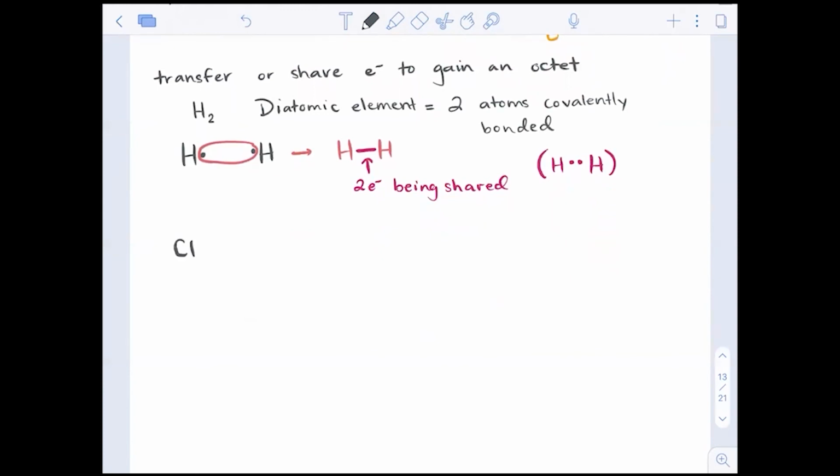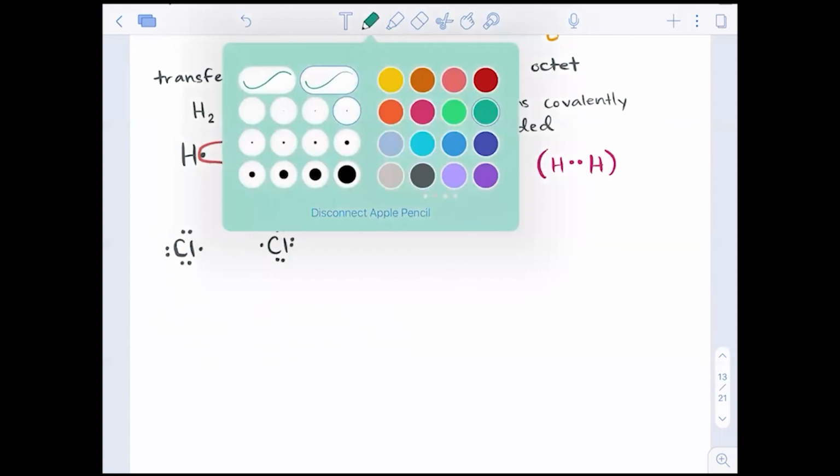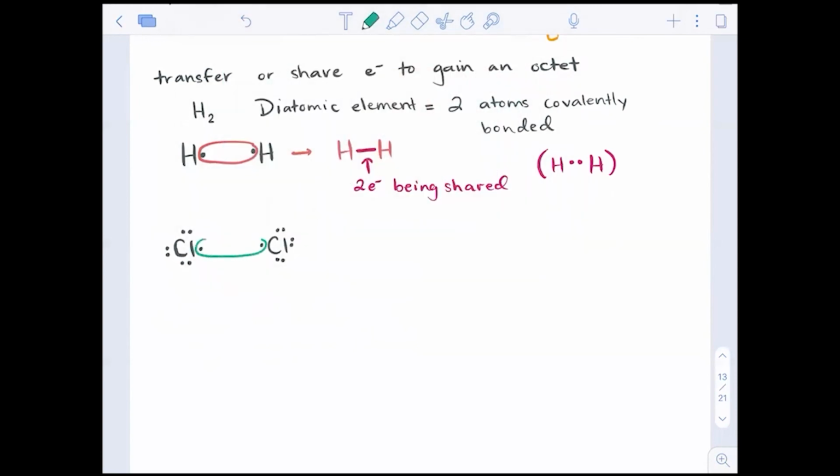We'll do chlorine diatomic. Chlorine has 7 valence electrons, so we count up our Lewis dot atoms accordingly. Again, what we see is that these 2 can be shared so that we make a bond between the 2 chlorine atoms. Now, a couple of things that we'll talk about once we get into bigger structures of covalent atoms.